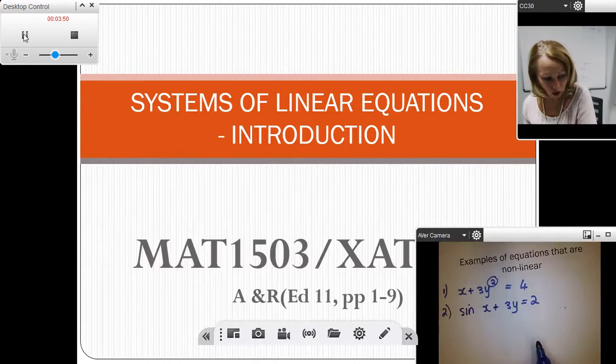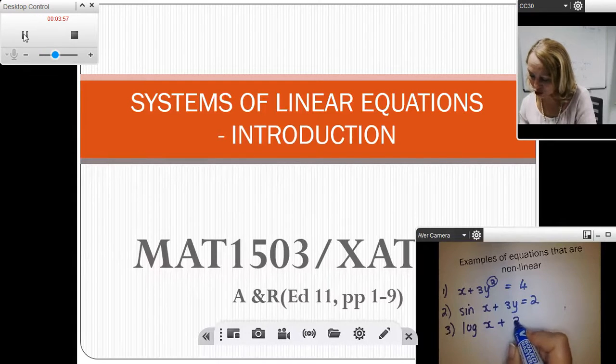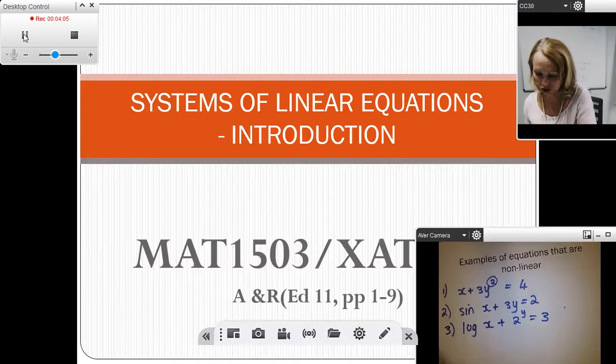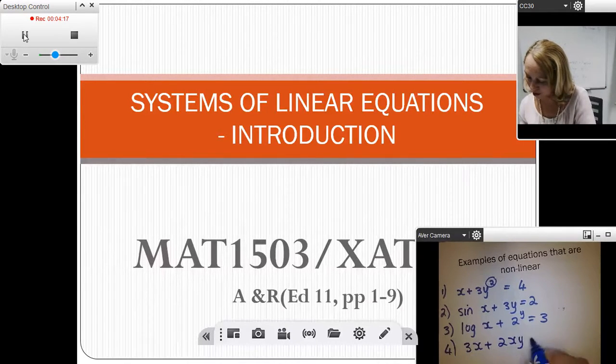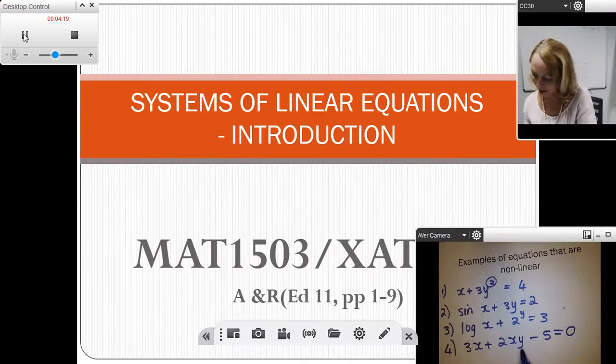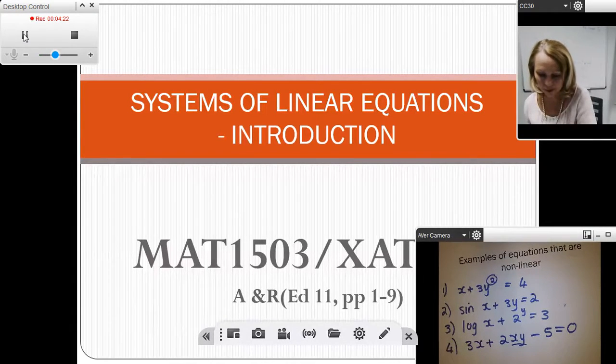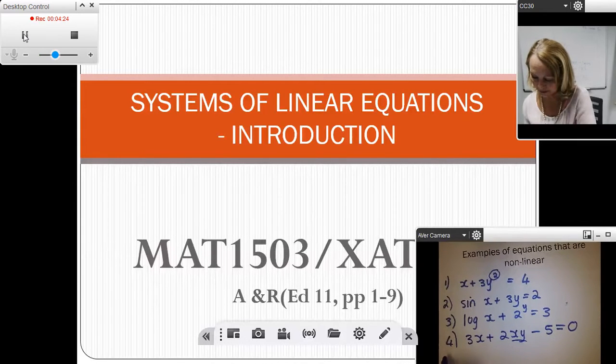Or if there's a log function or an exponential function, such as log x plus 2 to the y equals 3, for example, then such an equation is non-linear. Another example is where you have products of the variables, for example 3x plus 2xy minus 5. Now we have a product of two variables, so the equation is non-linear.